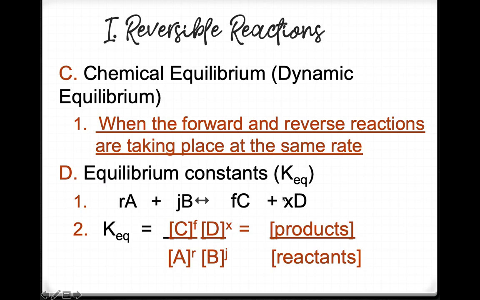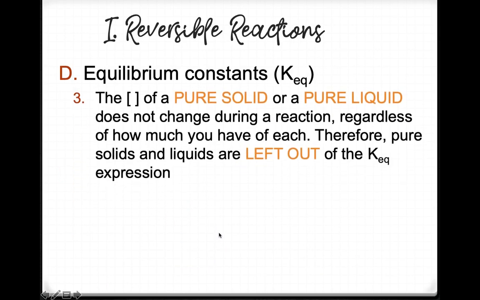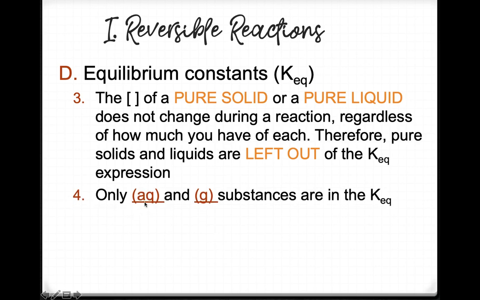If this had been a solid, this would have just been left out. You would just have C raised to the F on top divided by your A and B on the bottom. So just realize that. You would just exit it out, as if it didn't exist, and you would not write it in your KEQ or your equilibrium expression. Only aqueous solutions and gases are included in your KEQ expression.